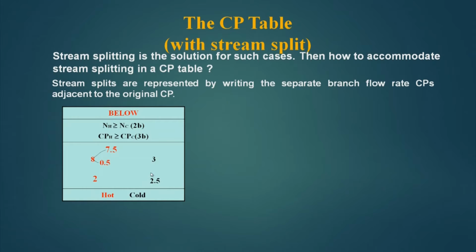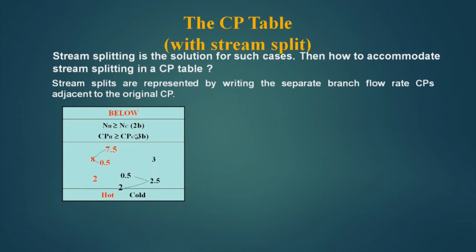Similarly, we can split 2.5 also into 2 streams, one has a CP of 0.5 and the other has a CP of 2.